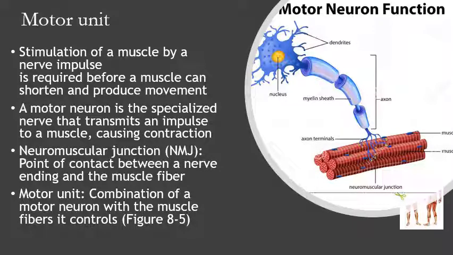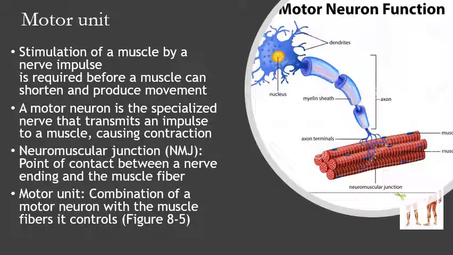The motor unit is a combination of the motor neuron and the muscular fibers it controls. So when you look at a motor unit, the things that are in a motor unit is a single motor neuron and the muscles that it innervates.